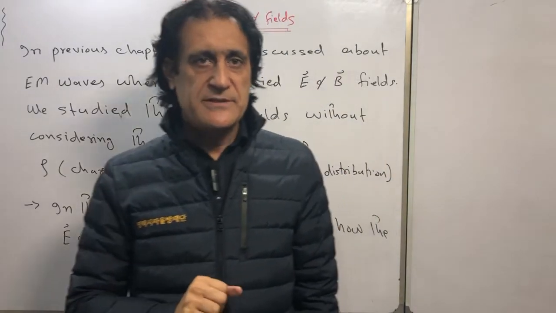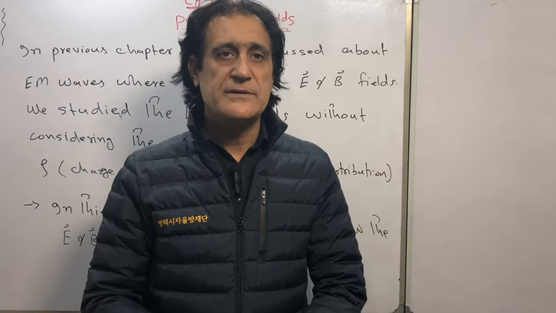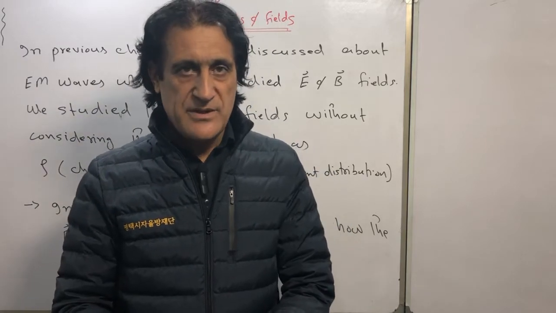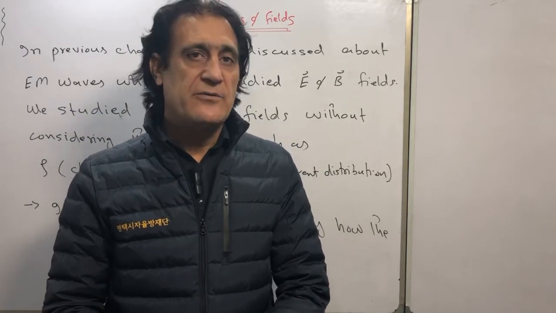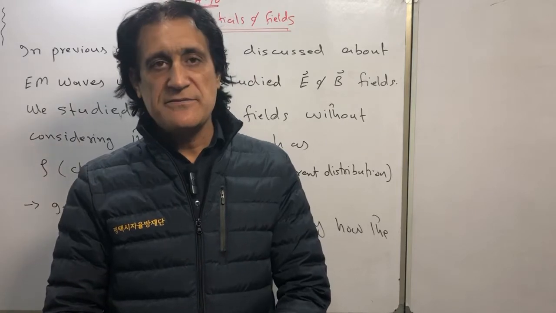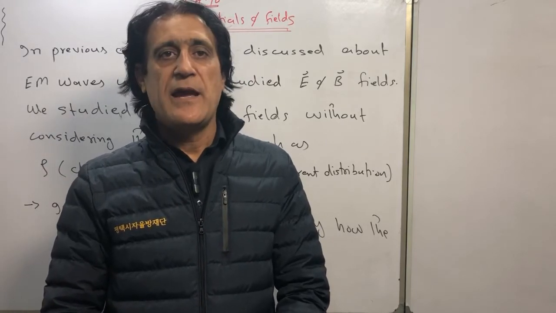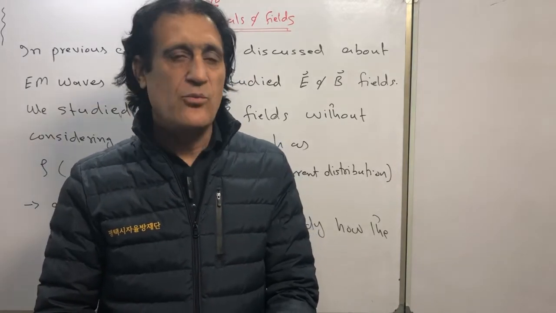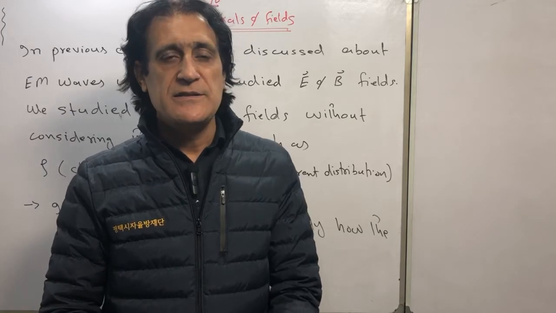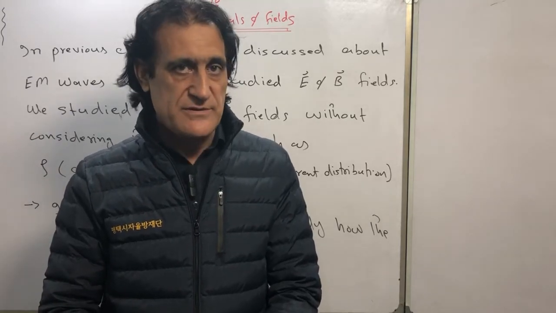Start a new chapter. This is chapter number 10. In the previous chapter, we have discussed the electric field, magnetic field, or the electromagnetic waves without considering the source distributions.